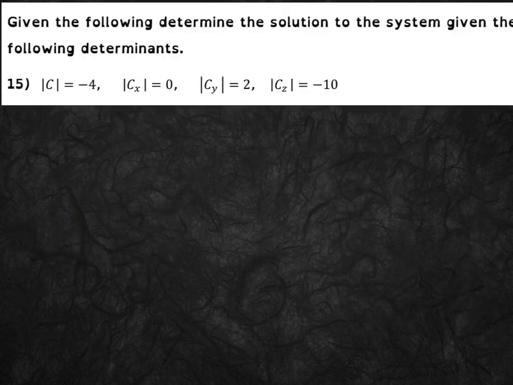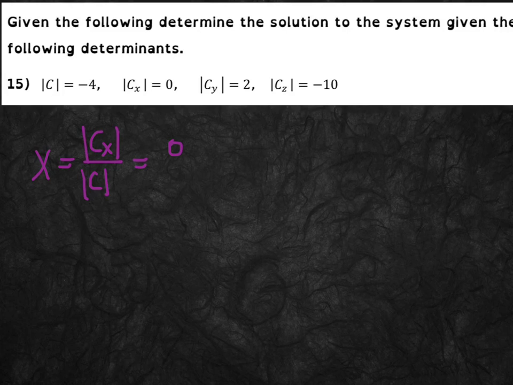On the ones you're actually having to solve, you are going to be given the determinants already solved for you. And so on this first one, to find our x's, you take the coefficient with x replaced divided by the determinant of the coefficient matrix.